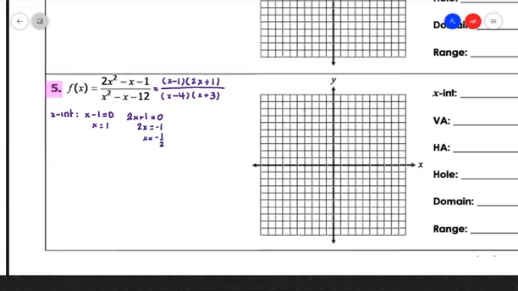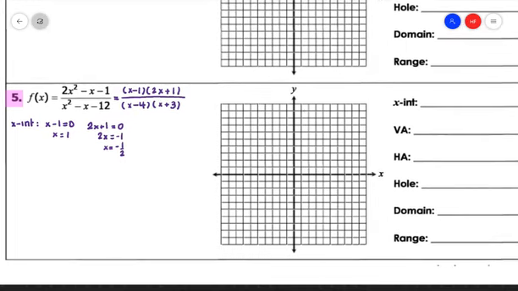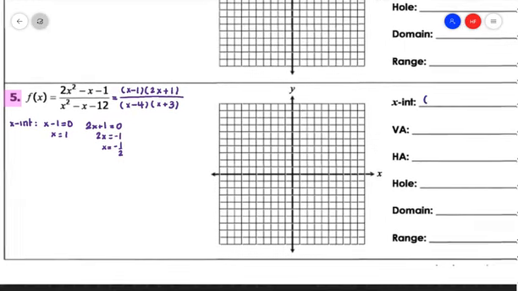So we have an intercept at x equals 1 and x equals negative 1/2. So we'll write that in: 1, 0, and negative 1/2, 0.